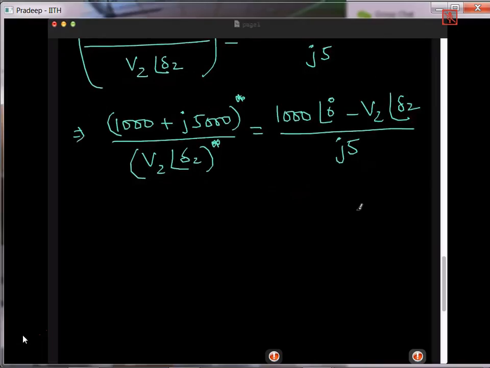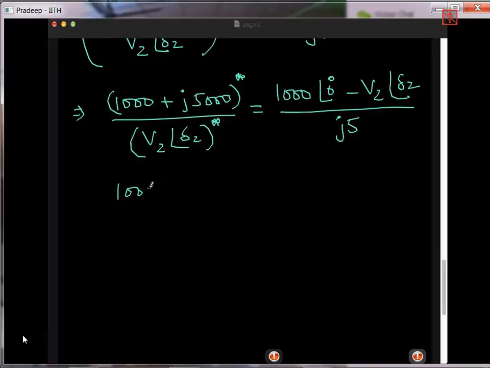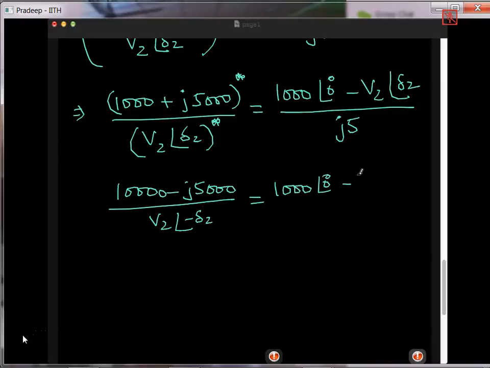One last step I'll write: 10,000 minus j5,000 divided by V2 angle minus delta 2 is equal to 1000 angle 0 degrees minus V2 angle delta 2 divided by j5. So this is the equation we try to solve.